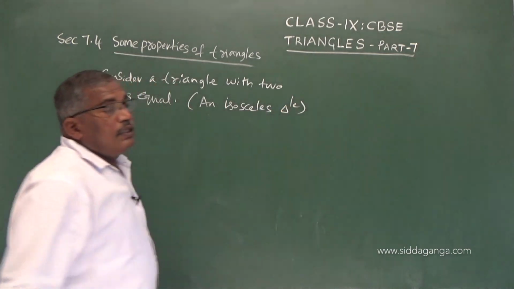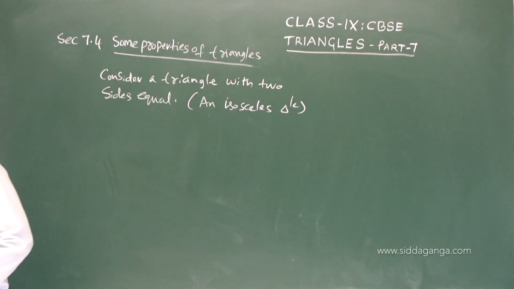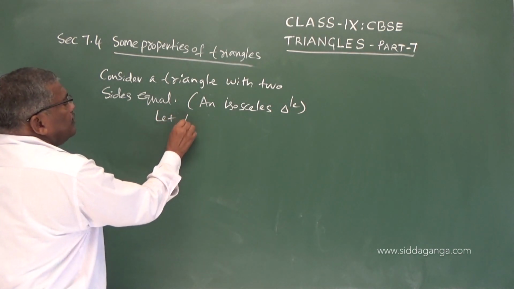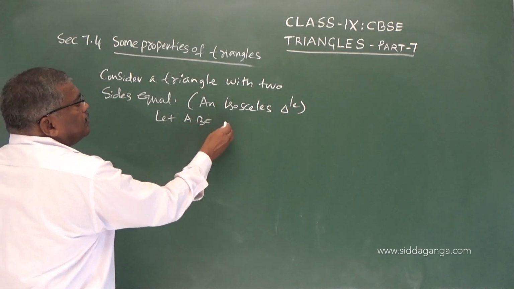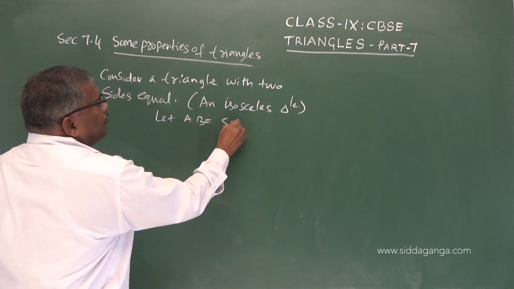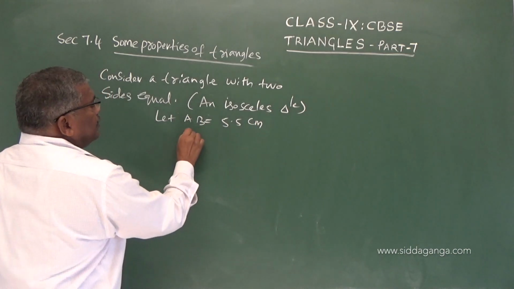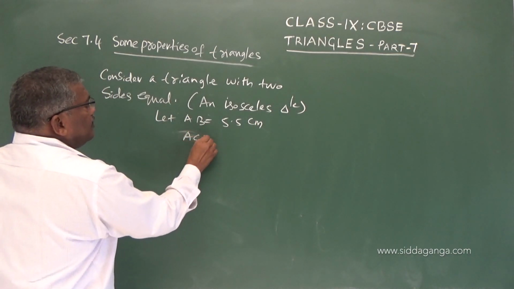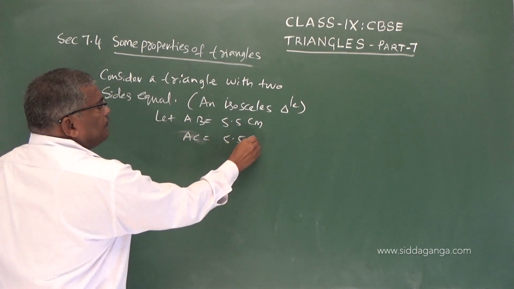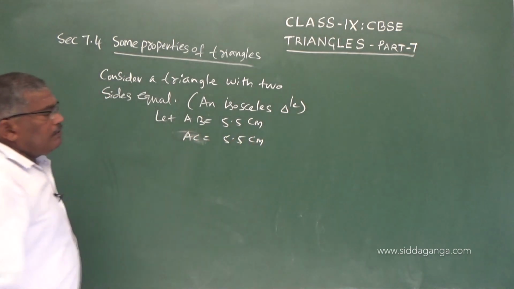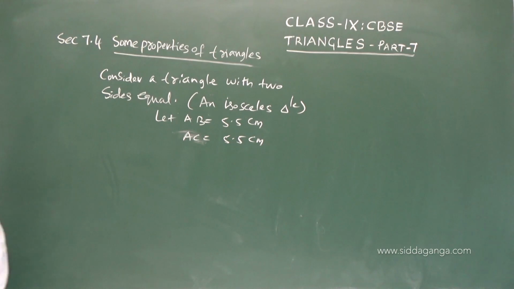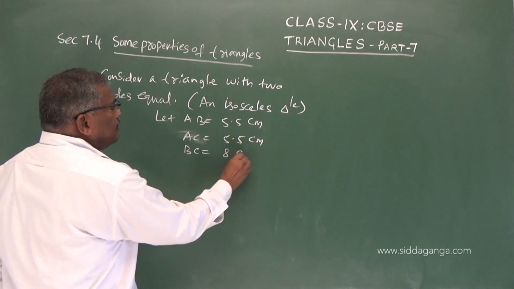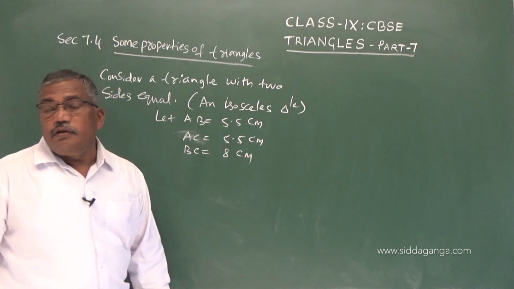Isosceles triangle. So, now you can take any dimensions. Let AB be equal to 5.5 centimeter, AC equal to 5.5 centimeter, and let us say BC equals 8 centimeter.